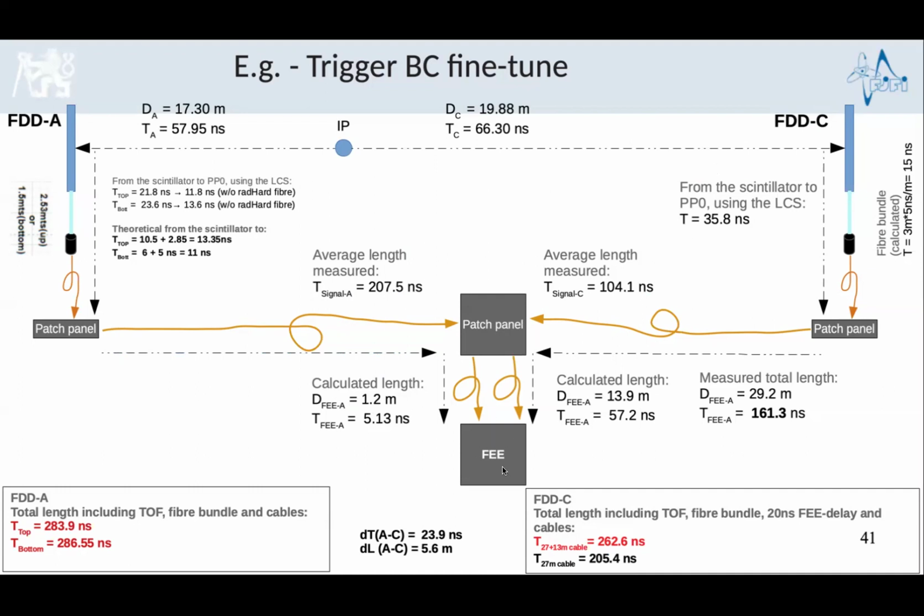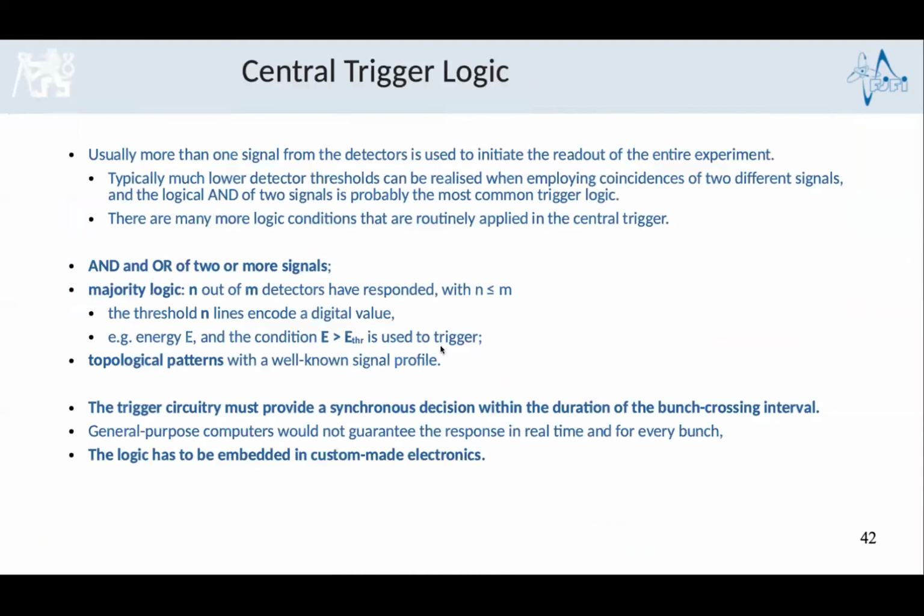This front end will take this decision and send some signal to a central trigger for the whole experiment. The most basic one is the AND, a coincidence condition, which is the most used and a very common trigger logic.